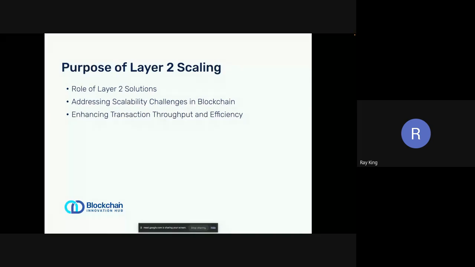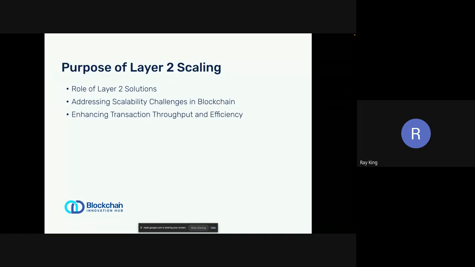I would also like us to note, for transaction throughput, there are different factors that can affect the number of transactions a blockchain can process per time frame. Some of these factors include the network latency, that is, network latency can impact the speed at which transactions are confirmed.